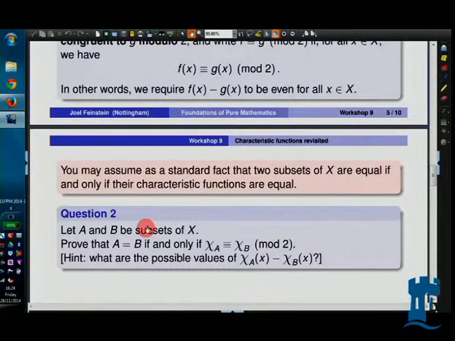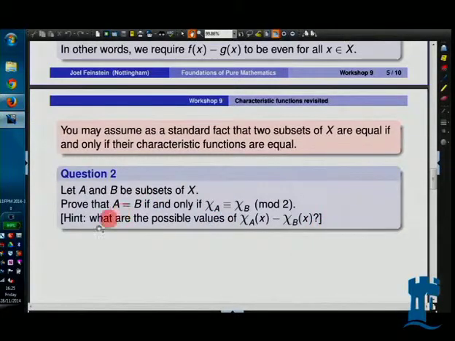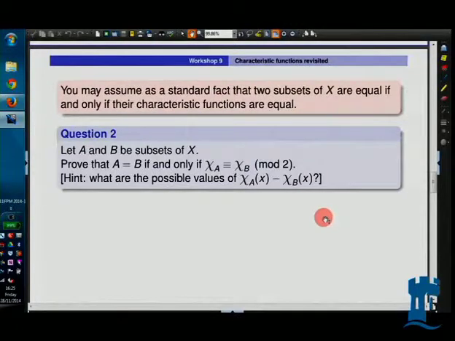Those would be congruent modulo 4, but different functions. Why can't that happen if you're dealing with characteristic functions? The answer is, look at what the possible values chi A of x minus chi B of x can be, if you're requiring it to be even. What are the possibilities? Okay, so let's let you think about that, and we'll come around and see how you get on.